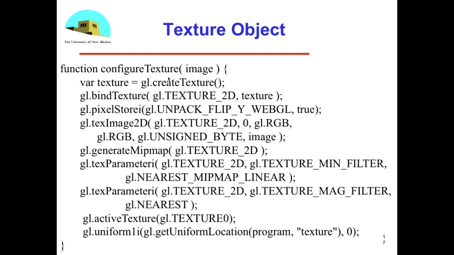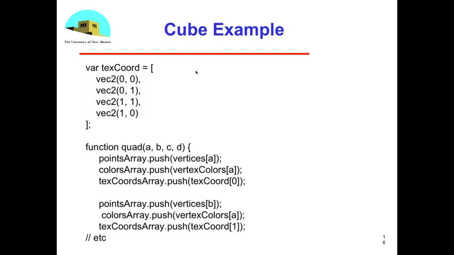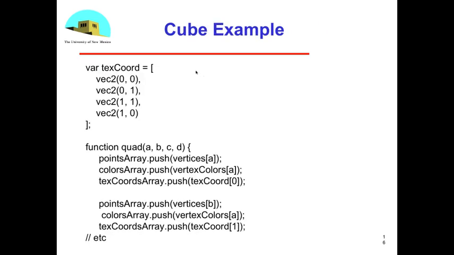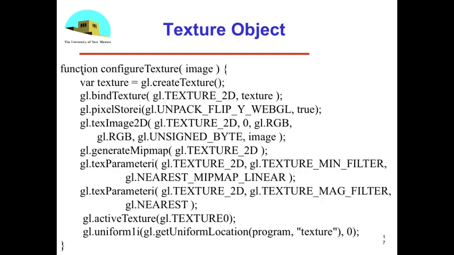We pass in the image, either the image that's defined by something like a GIF file or a JPEG, or the image that we computed previously. Here's one way of calling it. It's called image1 here. So in my JavaScript code, I'd execute on load, I'd configure texture of image1. Okay, so how do you do that?